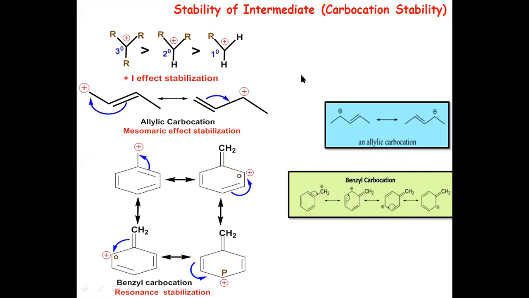So let us talk about what a carbocation is and what the different factors are which will stabilize the carbocation. As the name indicates, cation always carries a positive charge, and carbocation means carbon carrying a positive charge. So this becomes an intermediate whenever we carry out an SN1 type of reaction.